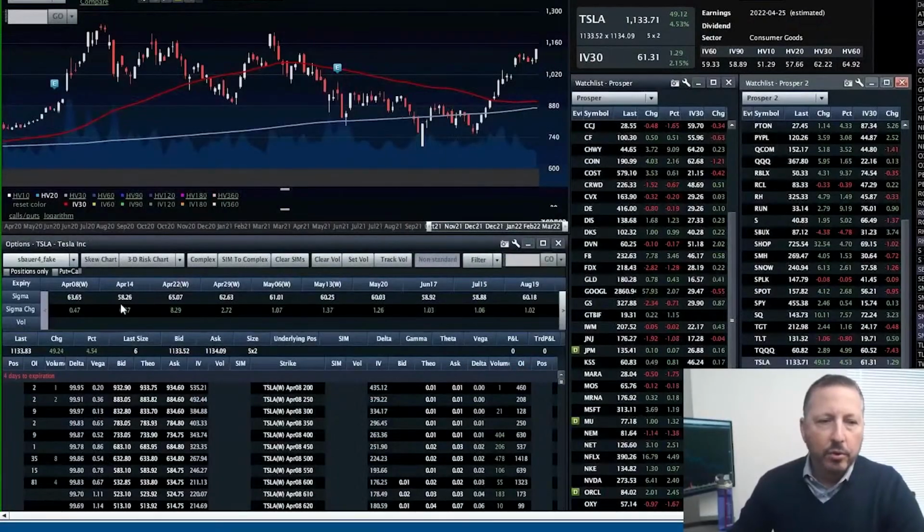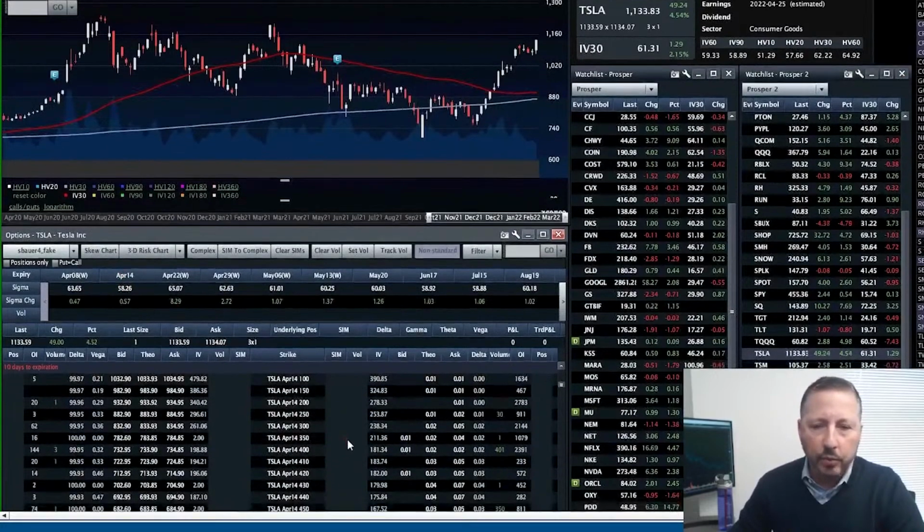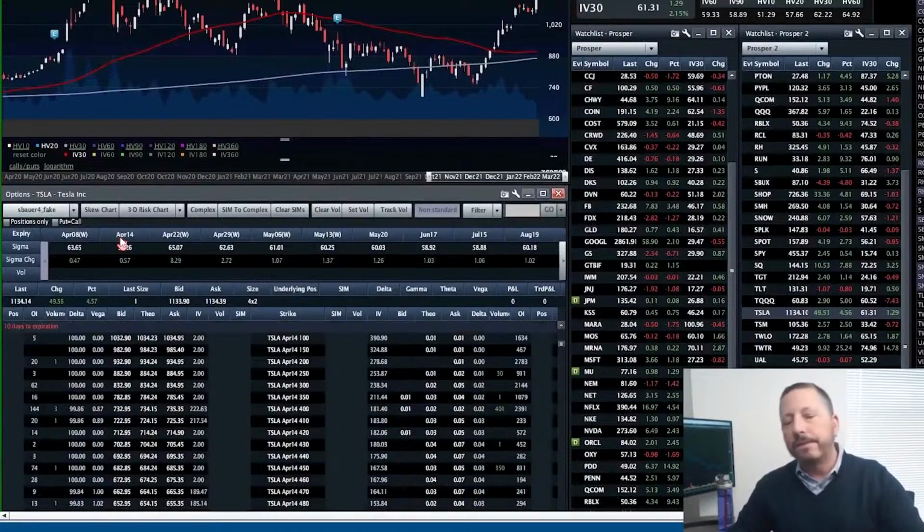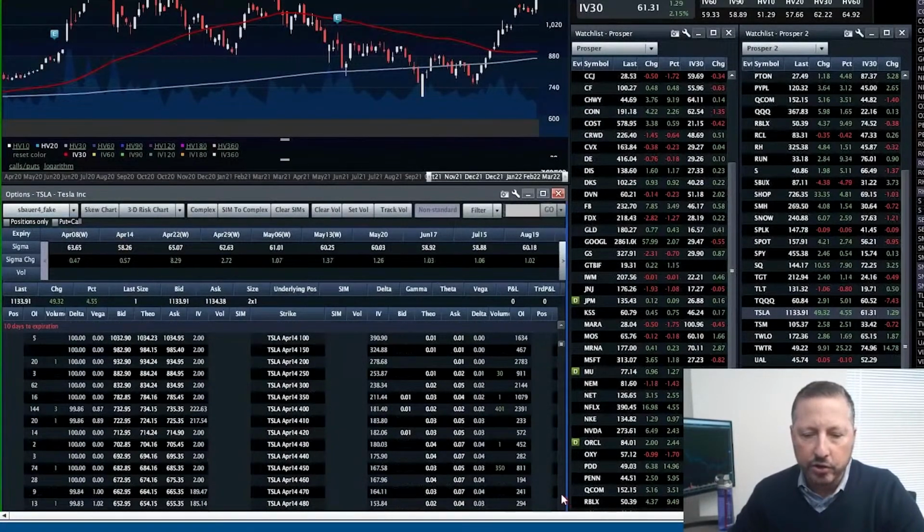Let's say we're bullish, and a butterfly can be set up with any sort of direction, any sort of bias, bullish, bearish, or even neutral. So let's say we're bullish and we want to go out to next week, the April 14th expiration.